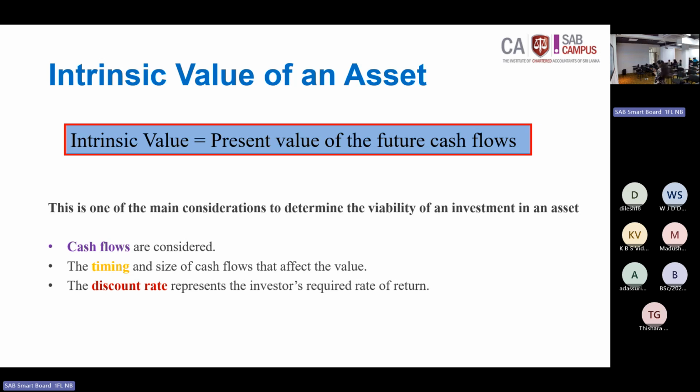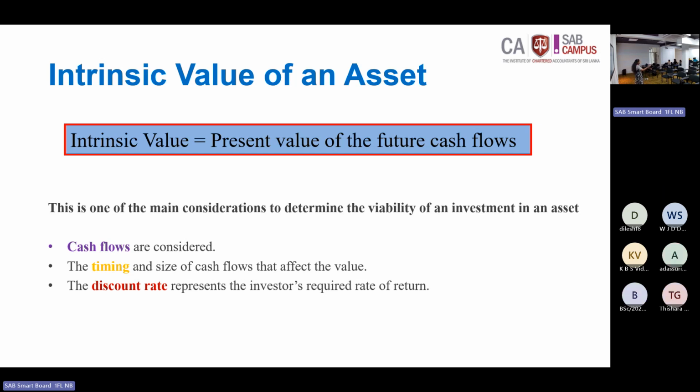So when we are considering this intrinsic value or its valuation, we need to consider 3 things. First, the cash flow. It may sometimes be a cash inflow or an outflow. The second is the time period.